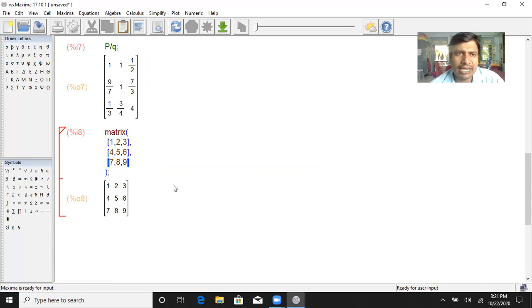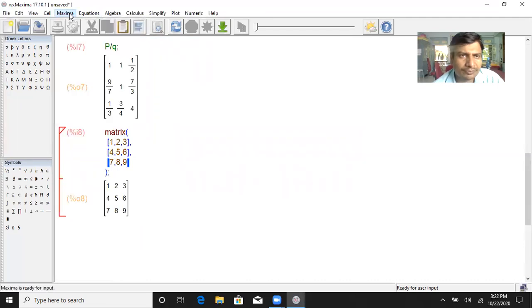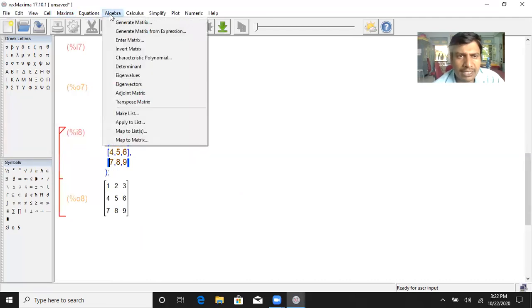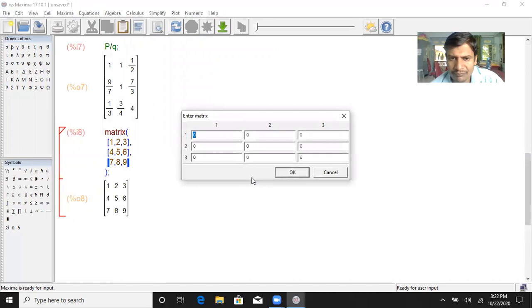Same as that, you take another matrix: go to equation, that Maxima, here algebra, enter a matrix, then 3 rows, 3 columns. Then okay, you enter any other random values: 3 tab 4 tab 6, then 2, 8, 9, then 2, 1, 6.